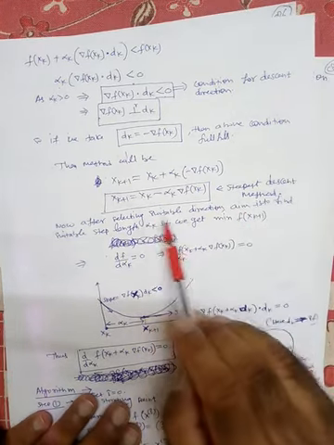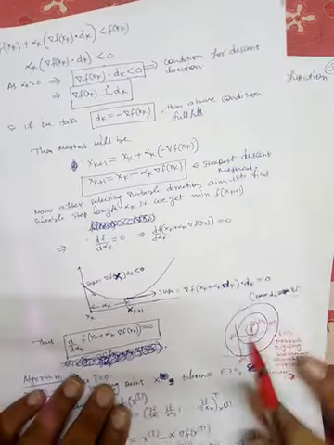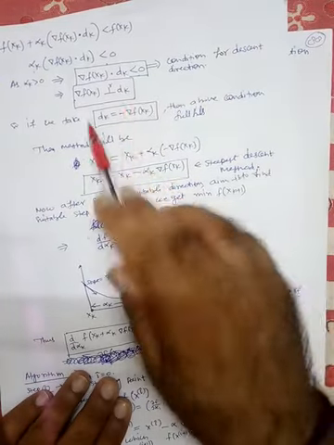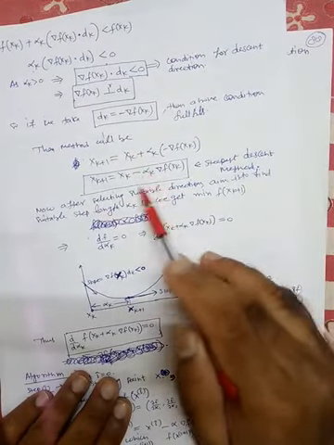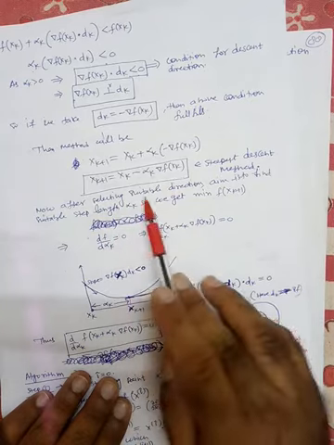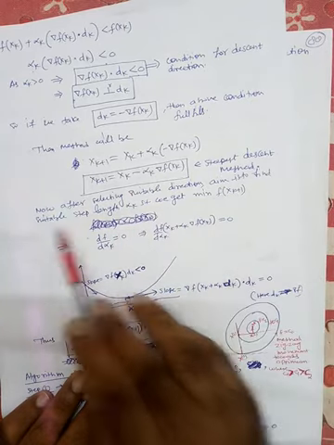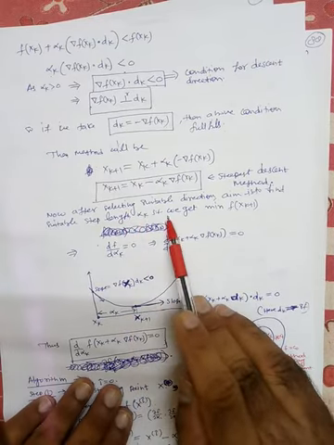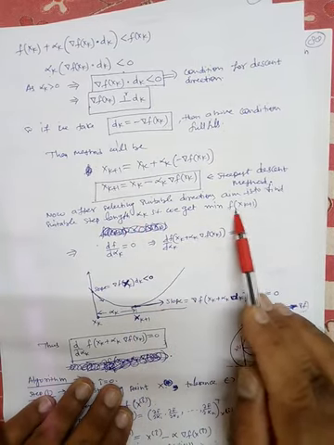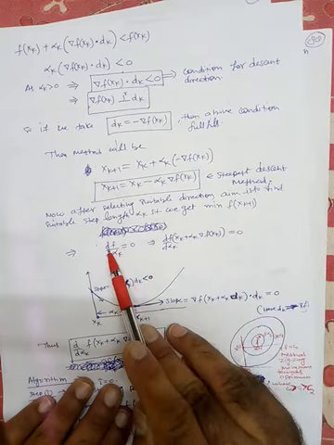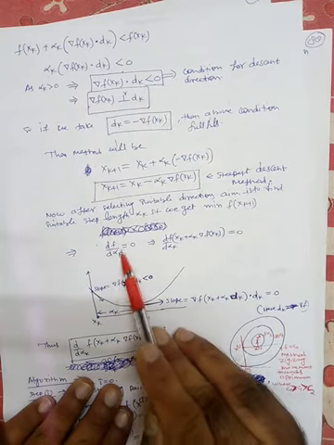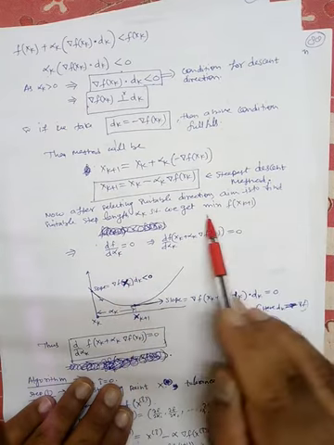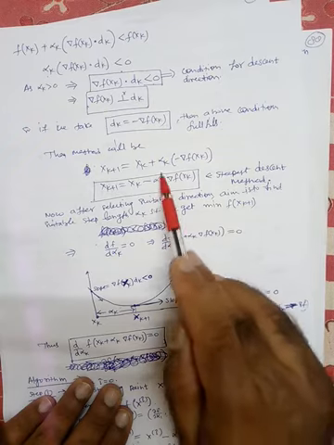Now we have selected the direction, but what about alpha k? After selecting a suitable direction, the aim is to find a suitable step length alpha k such that we get the minimum of f of xk plus 1. That means df by d alpha k should be 0 for the minimum, because now the target is alpha k.